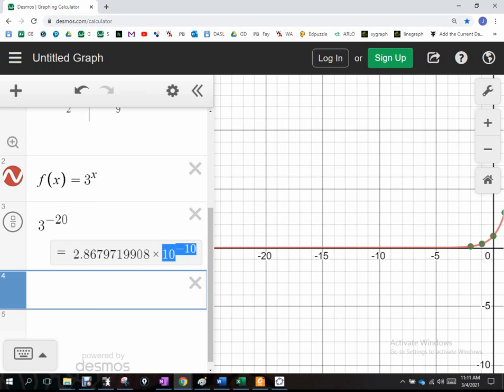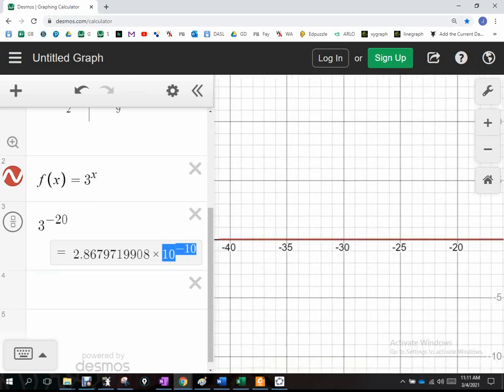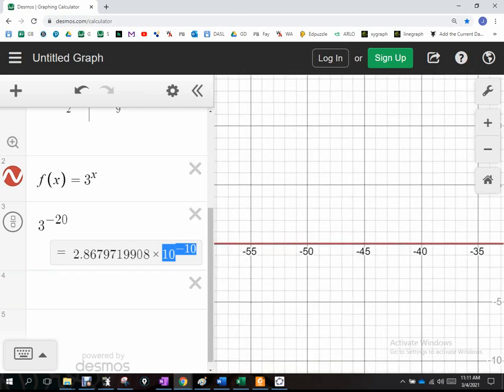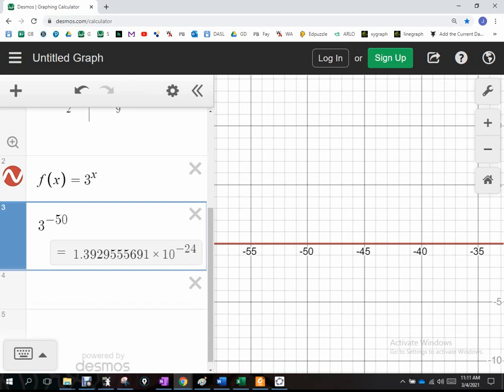Okay, let me try this real quick. Let's go out to x being -50. I get that. So that tells me I have a decimal, 23 zeros, and then a 139. Does that make sense? Is that a pretty small number? Kind of.